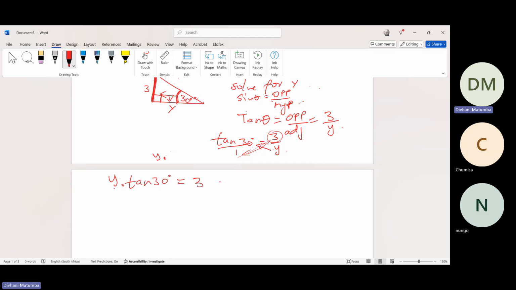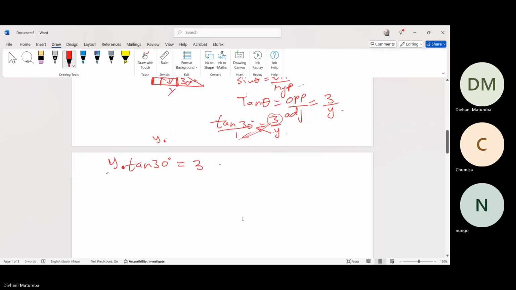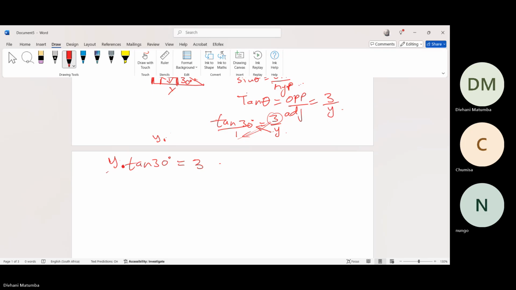But we are looking for y. Therefore, what should we do, Kumisa, to make y the subject of the formula? I'm going to take the tan 30 and multiply it by the 3. Nungo, do you agree?